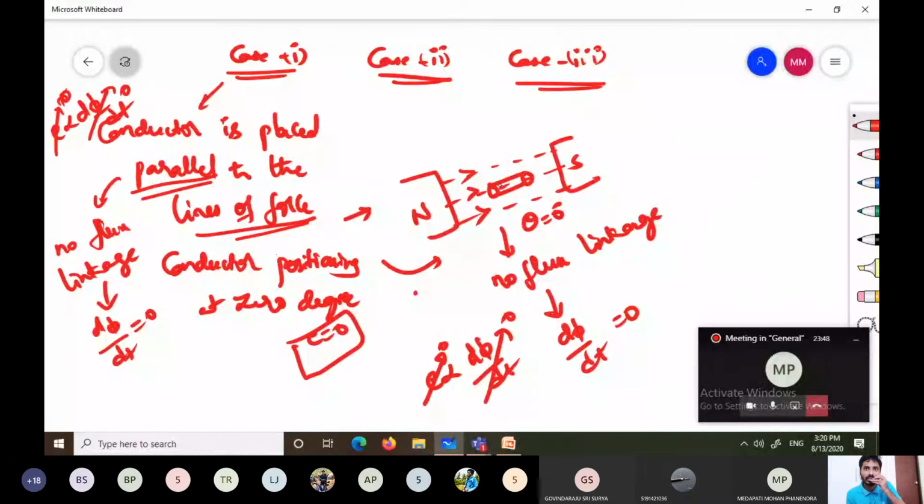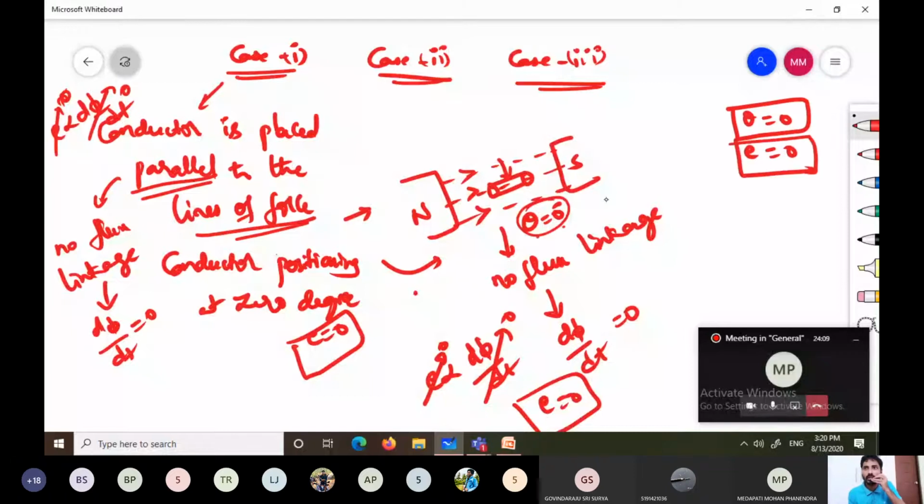This is theta, this is the conductor direction, the conductor position. When theta equals 0, the EMF value is 0.